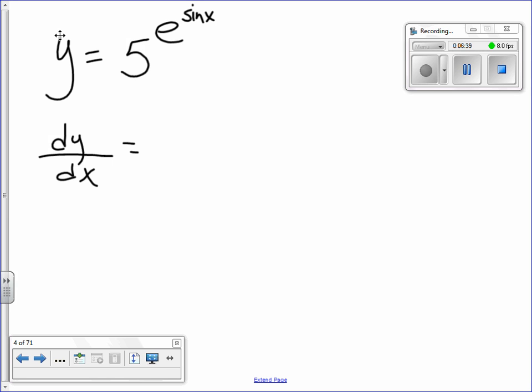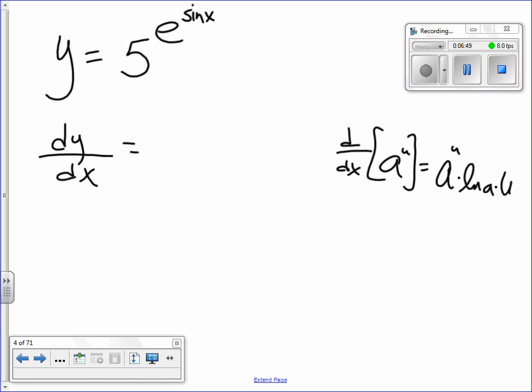We need to know that the derivative of a to the u is a to the u times ln a times u prime. And we have to know the e to the u rule, which is the same thing, but e to the u times u prime. Okay. So what's the rule I have to start out with?